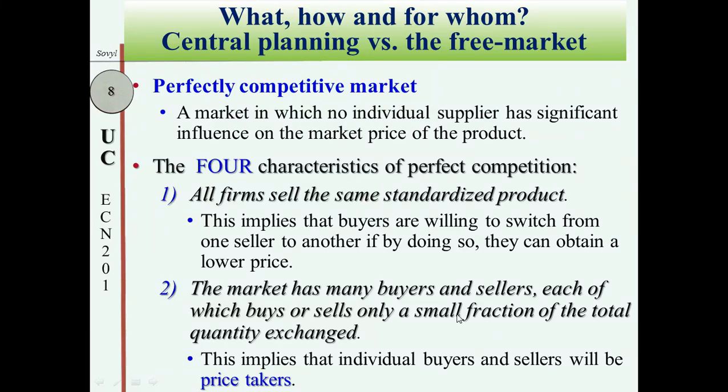That's why you need to accept the market price, because you alone have very small market power. You cannot change the quantity or the price exchanged. This implies that individual buyers and sellers will be price takers. You need to take the price from the market. You cannot control the price.